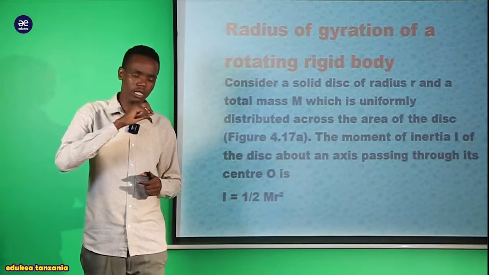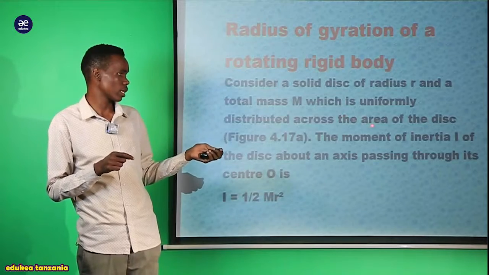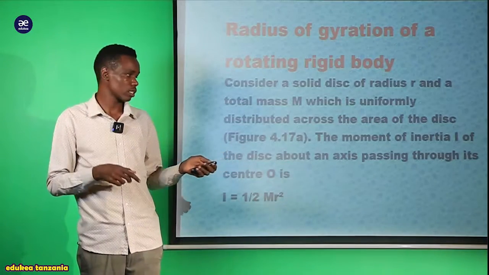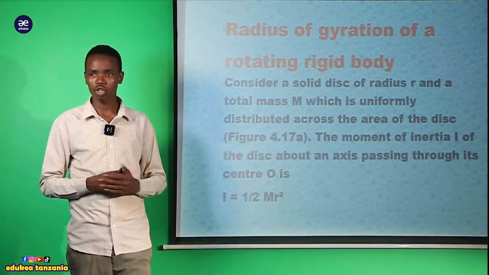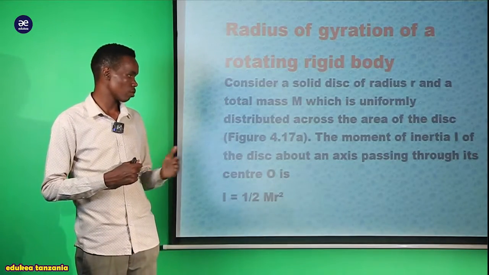So this disk has the mass distributed over its area, as shown in our figure 4.14(a).